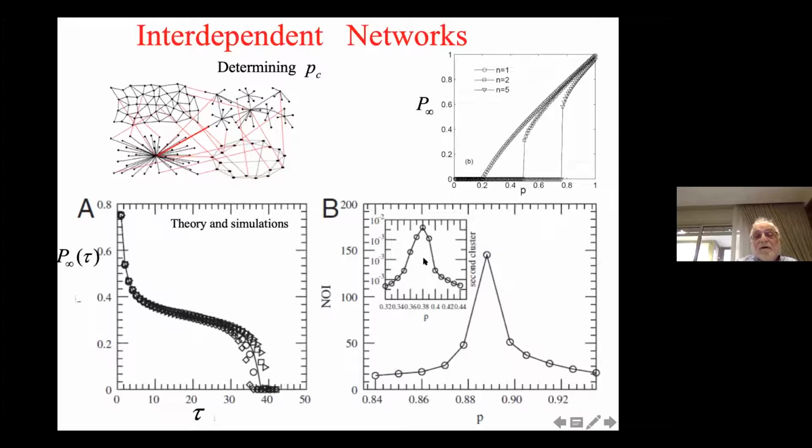This is analogous to how to find PC for a single network. We know for a single network, we found PC at this point by the second largest component, which is the maximum. So instead of looking at the second, you look just at the number of iterations, and then you see the transition point very easily.